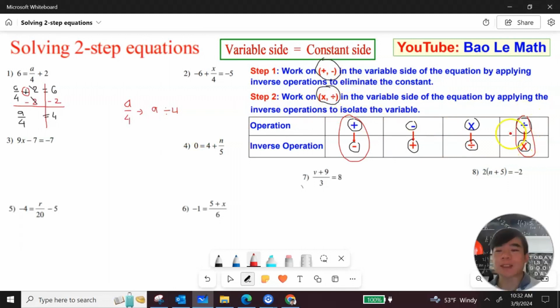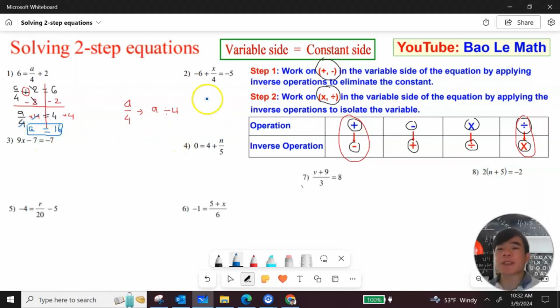So I just multiply both sides by 4. When I multiply both sides by 4, the 4 and 4 cancel out. So I only have a left on the left-hand side. A equals 4 times 4, which equals 16. I box this one, and that's my answer.